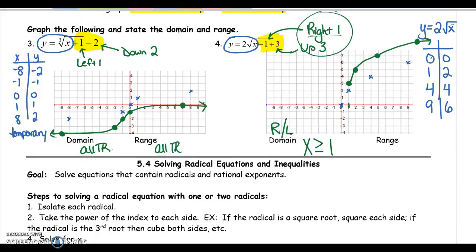Your range is affected by up or down movement. So who wants to be brave and guess what the range is going to be? Y is greater than or equal to 3, because we moved the graph up 3. And if you look at the point, this first point has a y value of 3. All of these other y values are bigger than 3, so 3 and above.